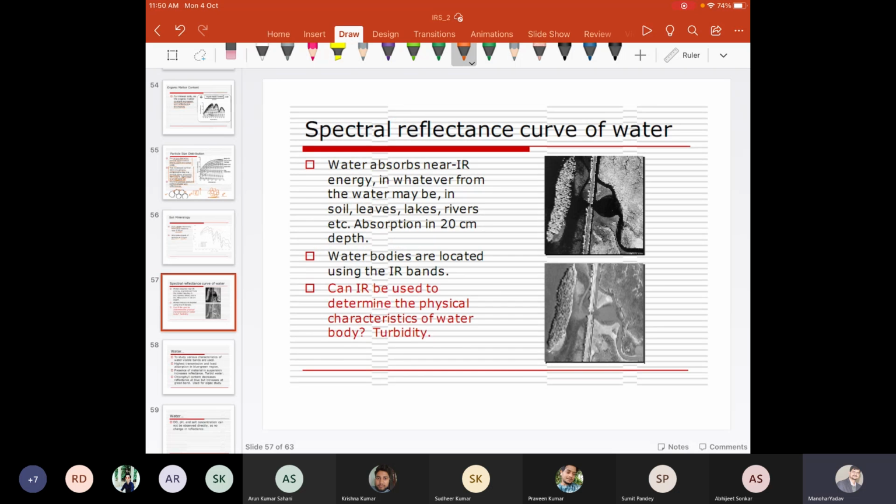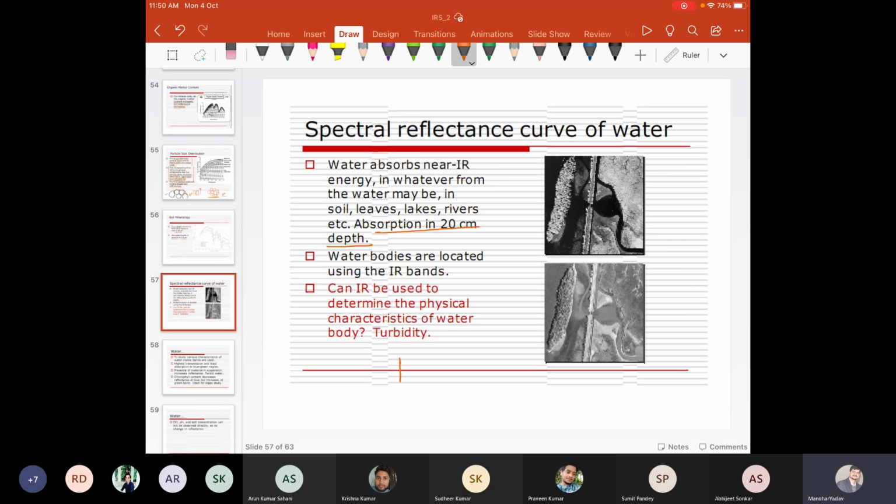Now we discuss the spectral signature curve of water. So water absorbs near infrared energy, whatever form the water may be in: soil, leaves, lakes, rivers, etc. And absorption in 20 centimeter depth.